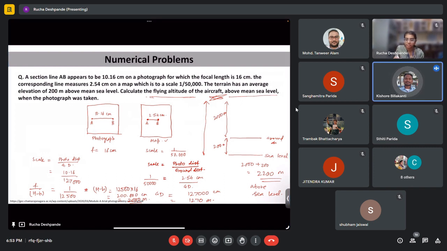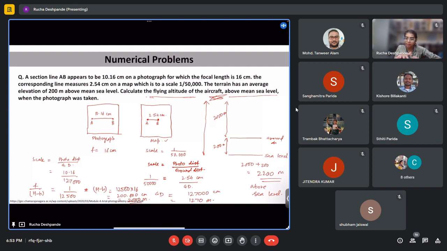That is the real altitude of the flight, right? And the given points are A, B, line AB appears to be 10.16 centimeters on a photograph, which is related to the photograph scale, and focal length is also given. The corresponding measure is 2.54 on the map. So what exactly is the map, like map and photograph?